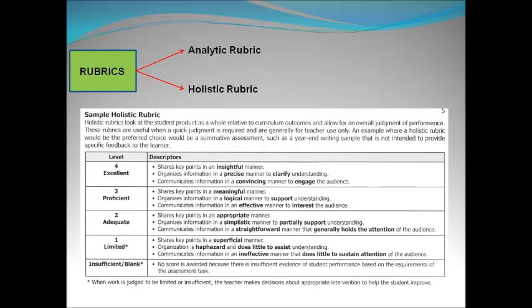I think each of them have their positives and negatives, right? An analytic rubric gives kids more of a specific idea about the sorts of things that they should include.